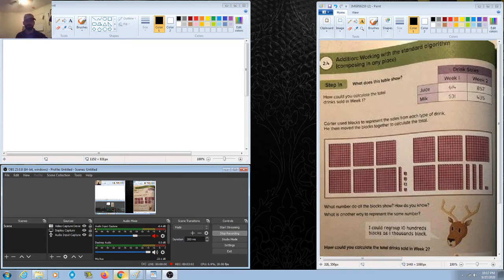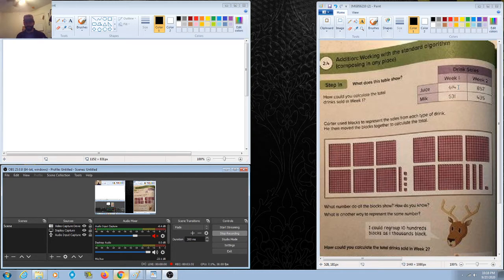That one string of blocks represents 10 ones, but since it's in the tens place, we can represent it as 1 being 10. Okay? So those two numbers together, 4 individual blocks and one group of 10, or string of 10 blocks, that's 14. That's where we get the 14 from in those first two place values.